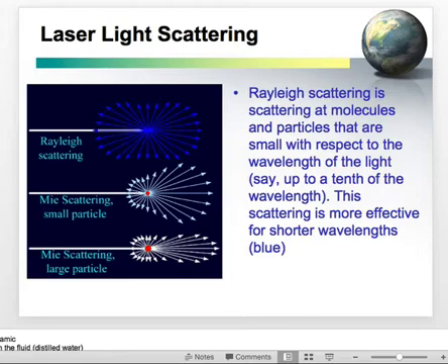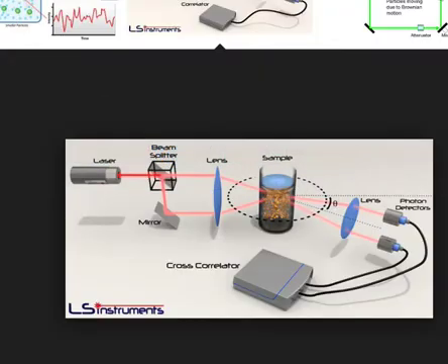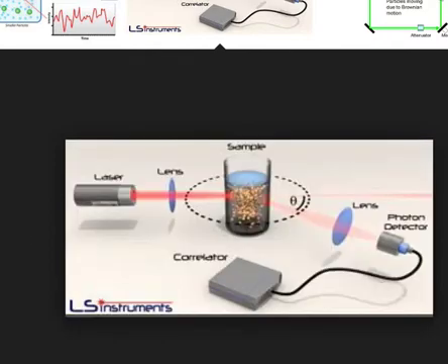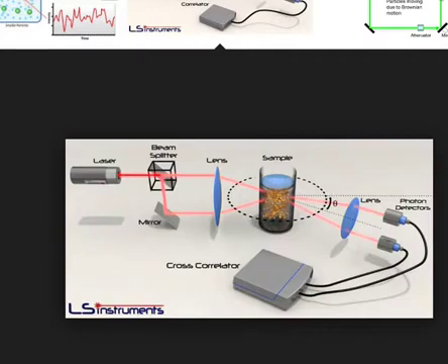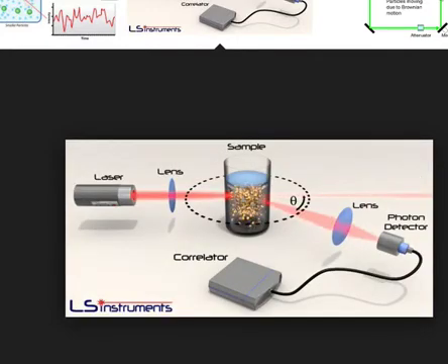And if we go and look at an instrument, this is not the one that we'll be utilizing. In fact, let me show you this one instead. So here we have a suspension of particles in a fluid, in water in this case, and we have a laser passing through. In the particular instrument we utilize, we control the concentration of the particles. We'd like to have enough that we see a quite good signal, but we don't want to overload it so that you obscure the scattering.